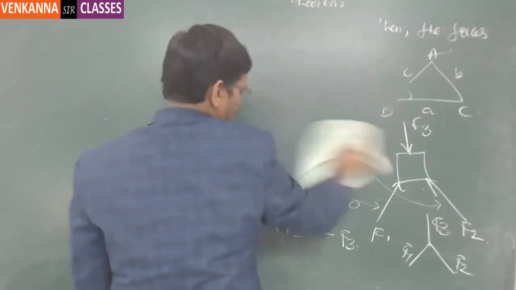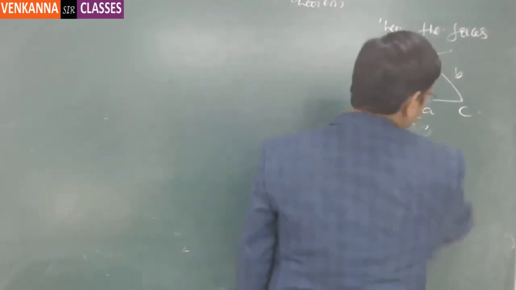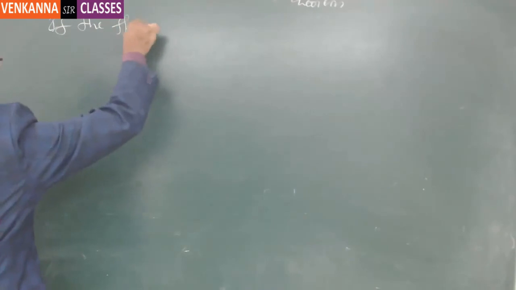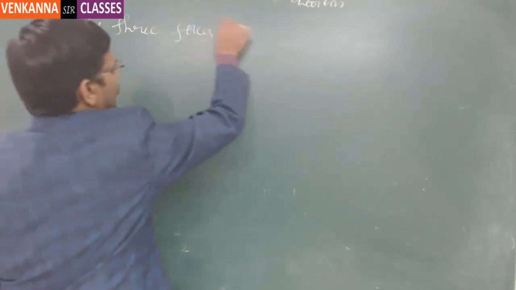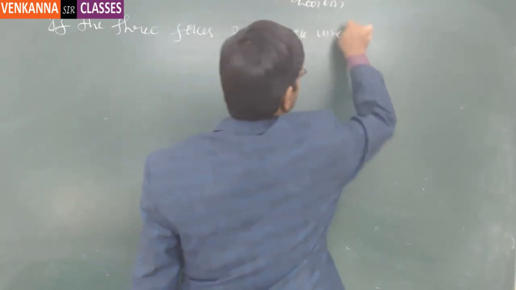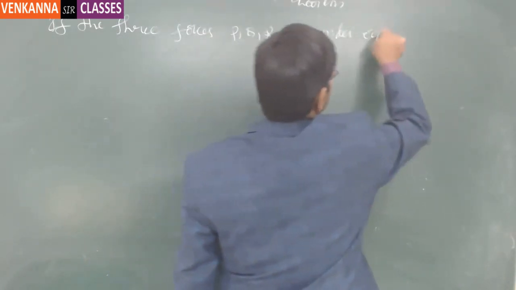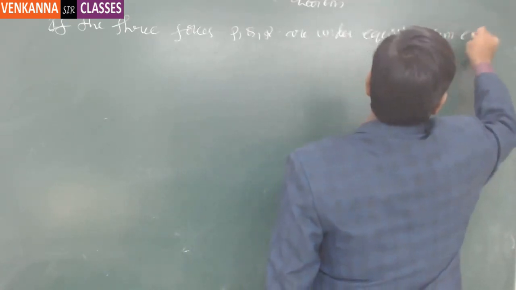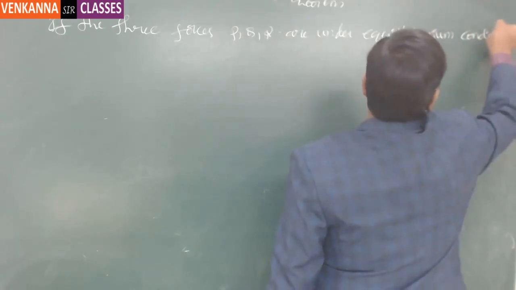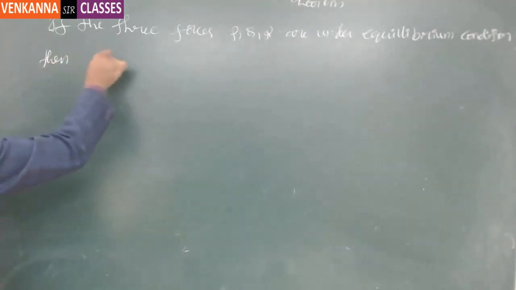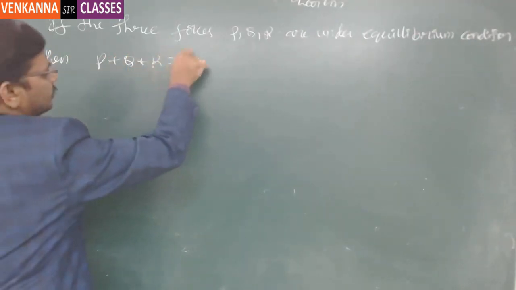If three forces P, Q, R are under equilibrium condition, then P plus Q plus R is equal to 0, obviously.